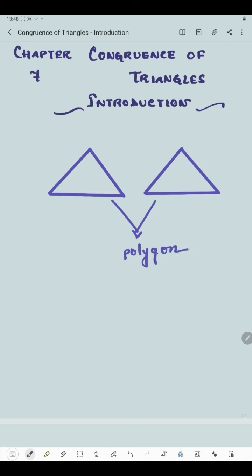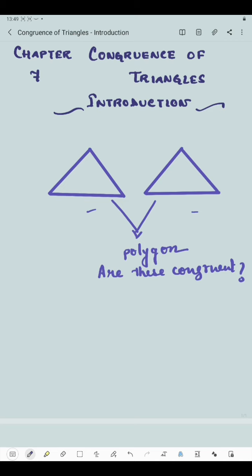Now are these two figures congruent? These two figures look like each other.